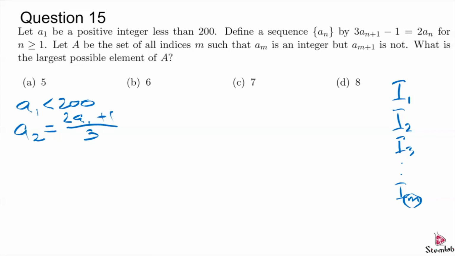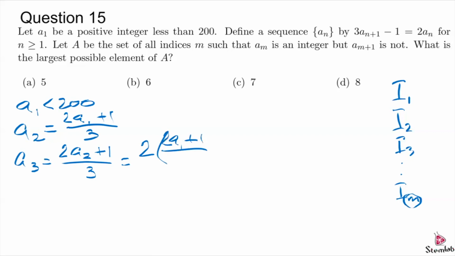And then we try to write more and more just to see if we can find a pattern. This will be twice a sub 2 plus 1 all over 3. We plug in what we know of a sub 2: 2 times a sub 1 plus 1 all over 3, plus 1 all over 3.